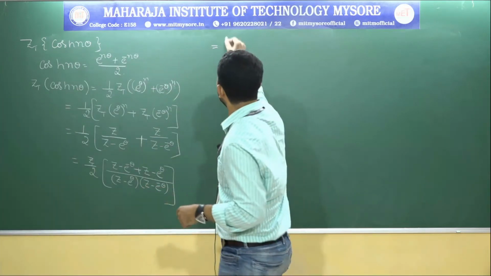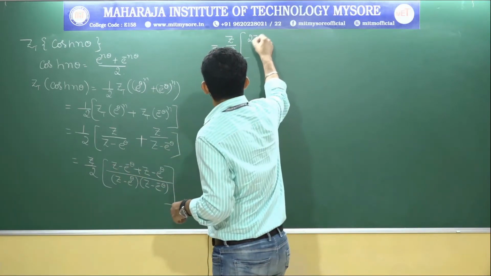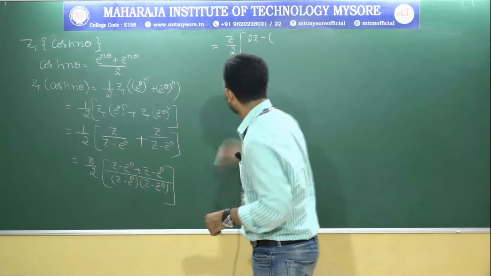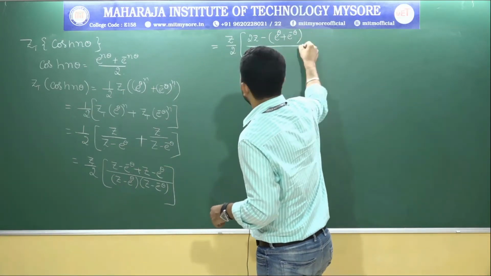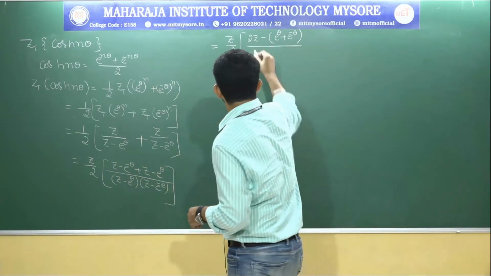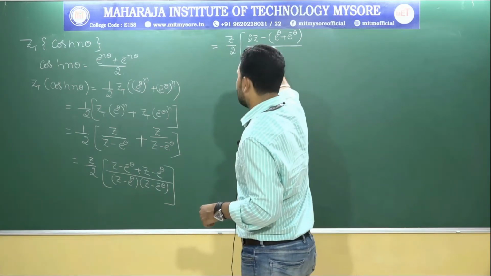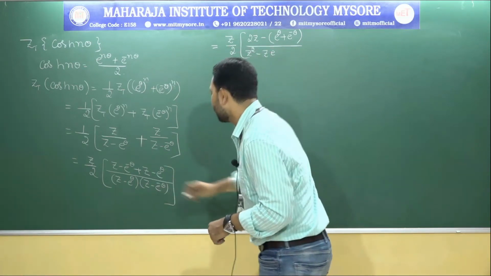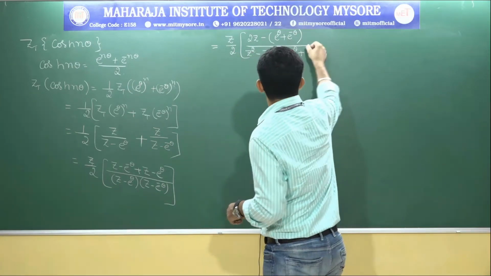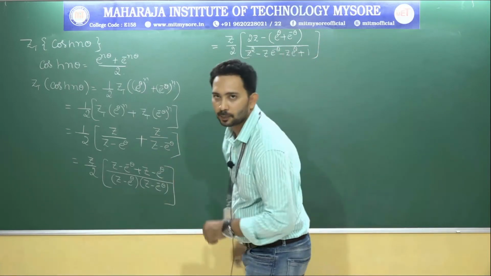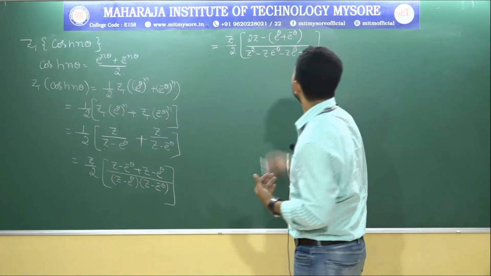We can write this as z by 2 into 2z minus (e power theta plus e power minus theta), divided by the denominator z² minus z into e power minus theta minus z into e power theta plus 1, since e power minus theta into e power theta is e power 0 equals 1, like the previous one.